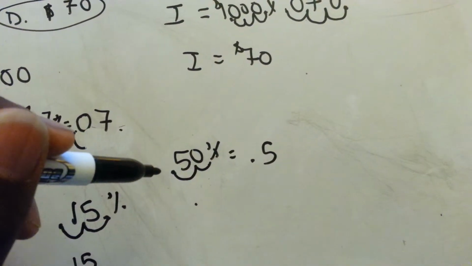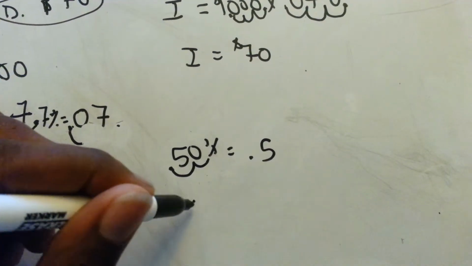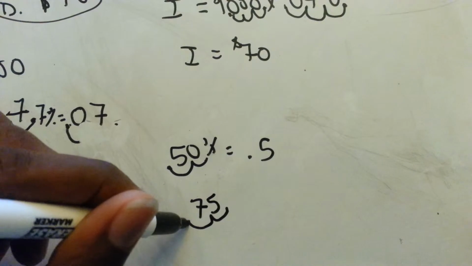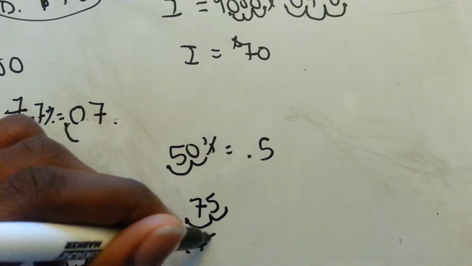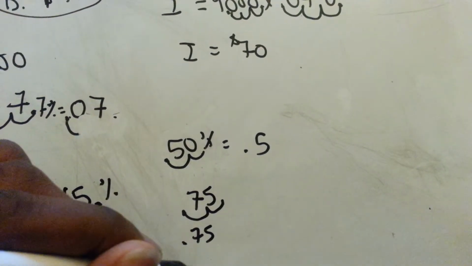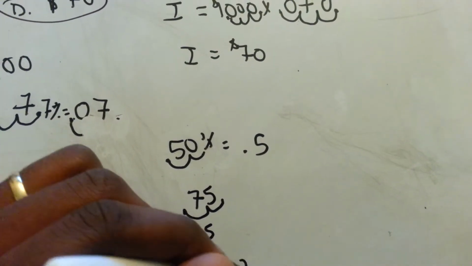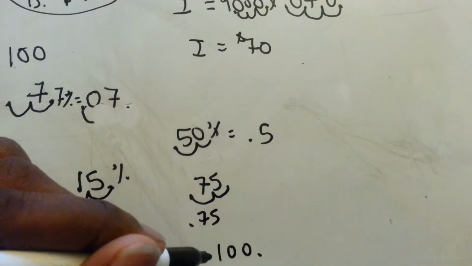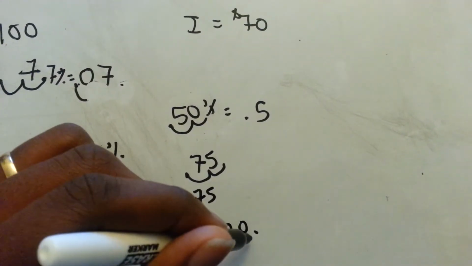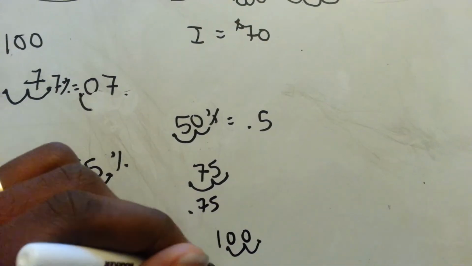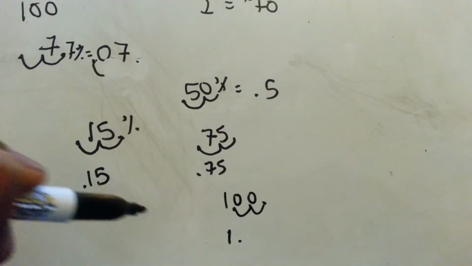You see that? 75%, move the decimal 2 places, 0.75. 100%, decimal point is here, you move it 2 places. 1, 2. 100% as a decimal is 1.